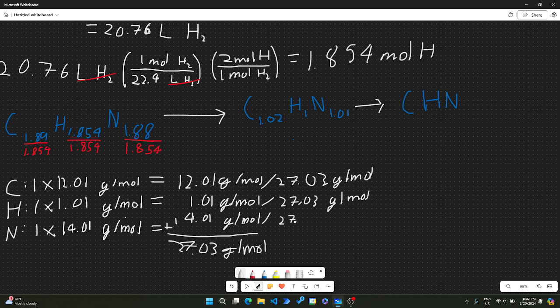And then what we're going to do is multiply all of these by 100%. And you will notice that the units cancel out when you divide, so the grams per mole will actually cancel out. And then we can multiply all of these by 100%.